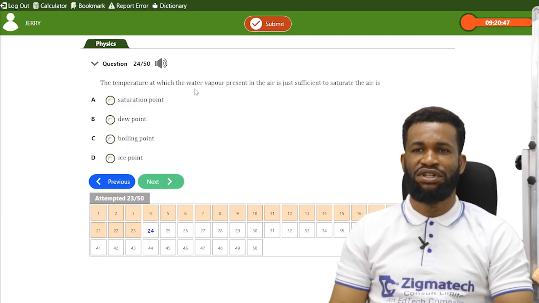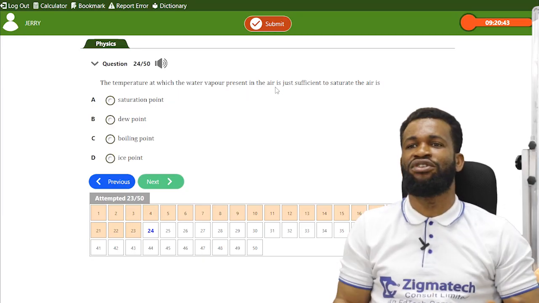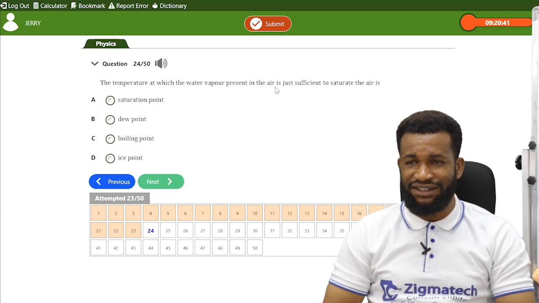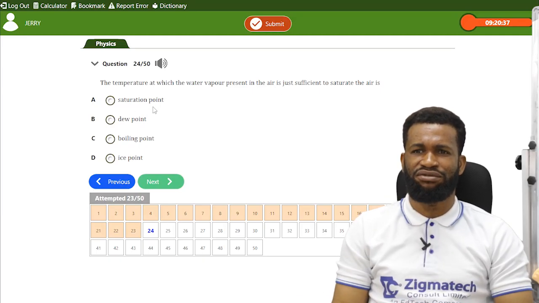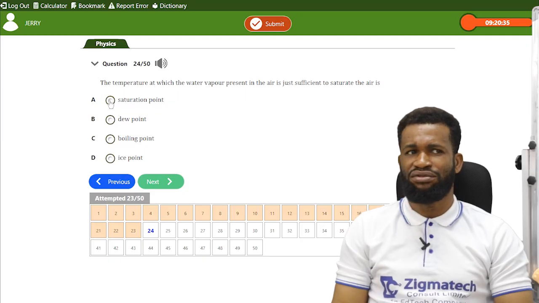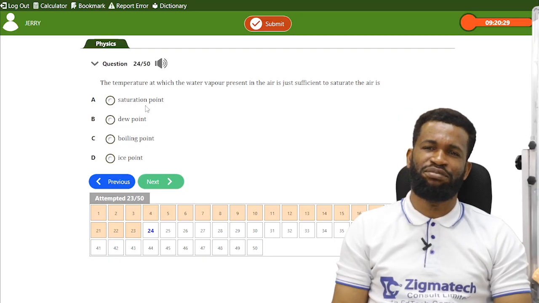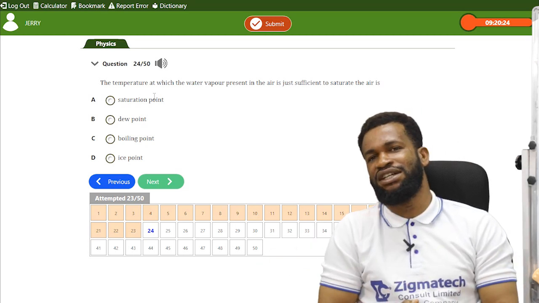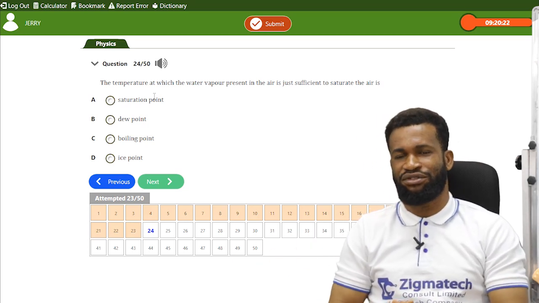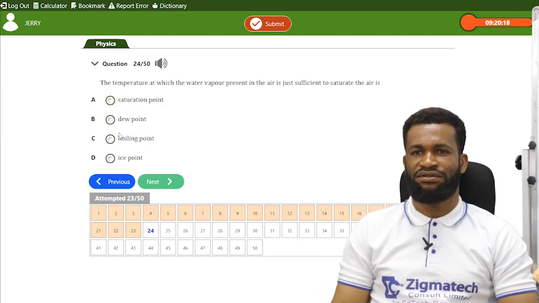The temperature at which the water vapor present in the air is just sufficient to saturate the air is. When we talk about saturation point, mostly in heat energy, we talk about temperature. Saturation temperature, no, it's not.